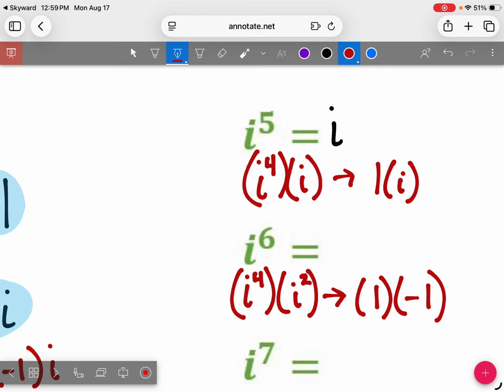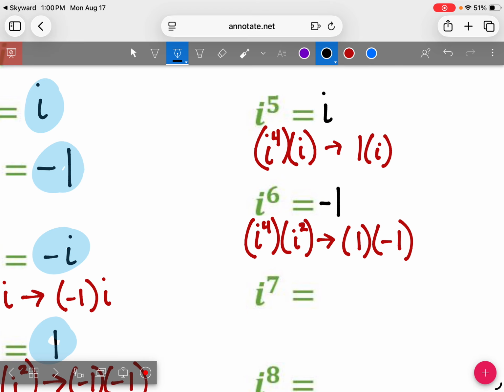So that will give me -1. What I'm doing here is taking the exponent and breaking it down in terms of 2's and 1's. Because as long as you know that i equals i and i squared is -1, you can do any exponent no matter what it is.